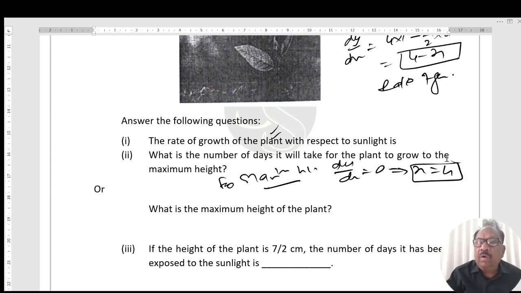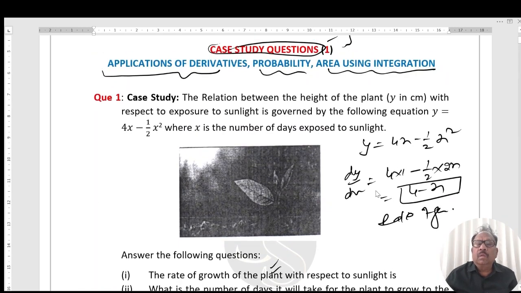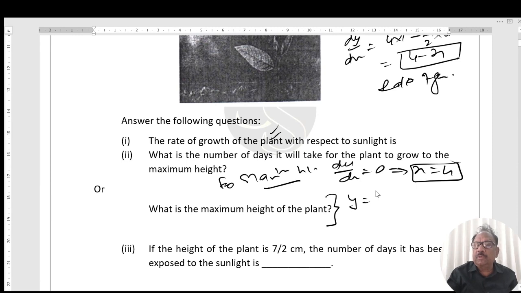What is the maximum height? In this case, we know y = 4x - (1/2)x². So that is 4 into 4 minus 1/2 into 16, that is 8.